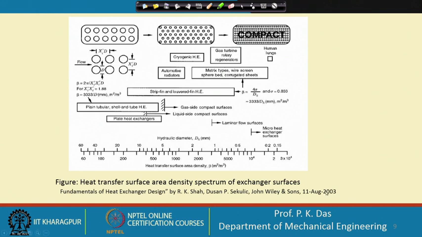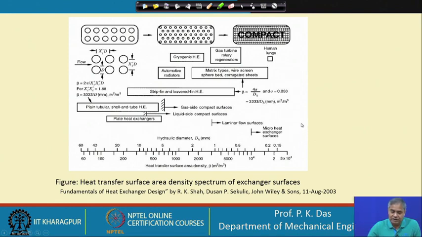Next we go to a slide which is very important, and one should spend some time here to understand what compactness is in connection with heat exchangers. Symbolically, some heat exchanger structure is shown. In the first case, there are two fluids, so this indicates a two fluid heat exchanger.